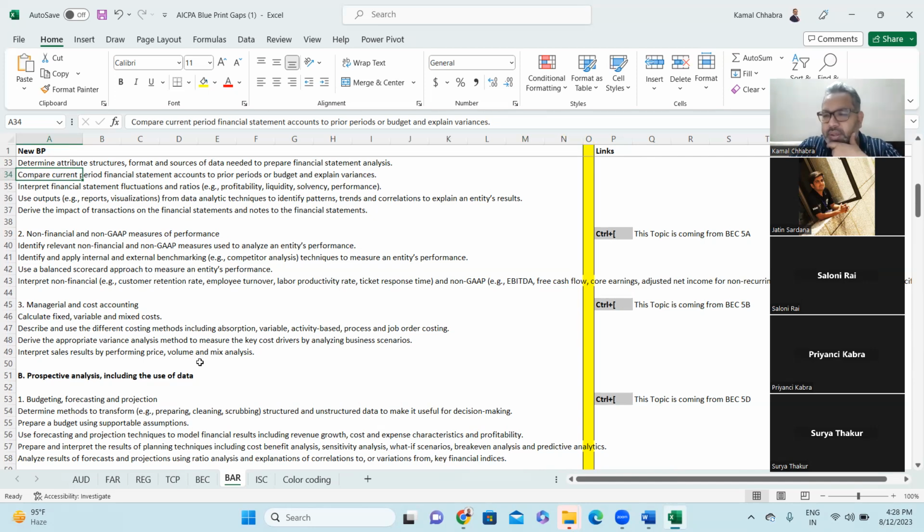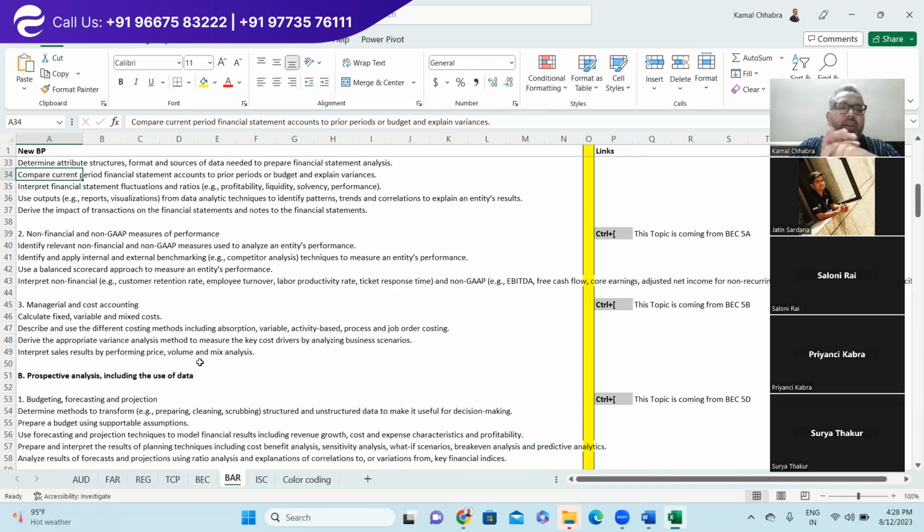Yes, qualitative information. For example, any litigation matter, related party transactions, names of the related parties, stock turnover ratio, debtor turnover ratio. These are qualitative factors which are non-financial but important for the user of the financial statement as well as for the purpose of analysis of the financial statement.